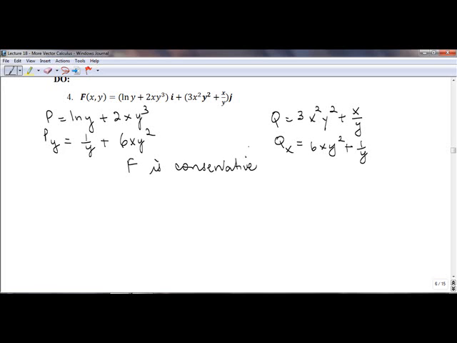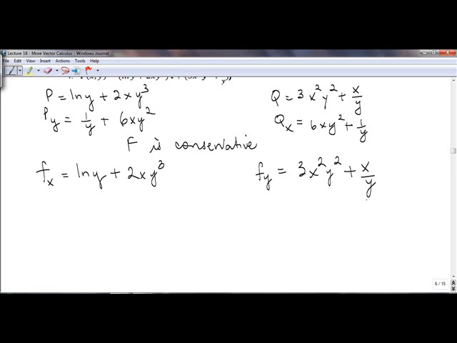So let's write down the partials equal to P and Q. So partial of f with respect to x is equal to P, natural log of y plus 2xy cubed. Partial of f with respect to y is equal to 3x squared y squared plus x over y. Okay, let's take the first one that we wrote, the one on the left.